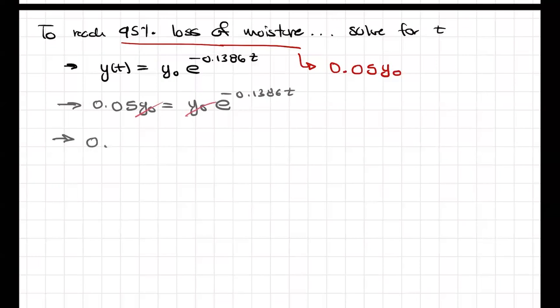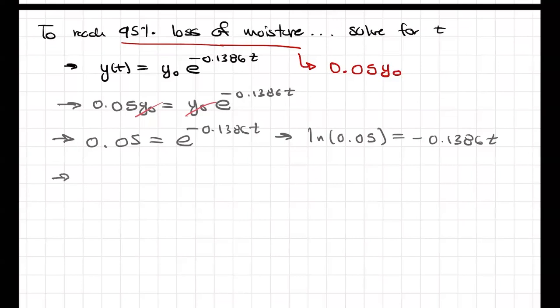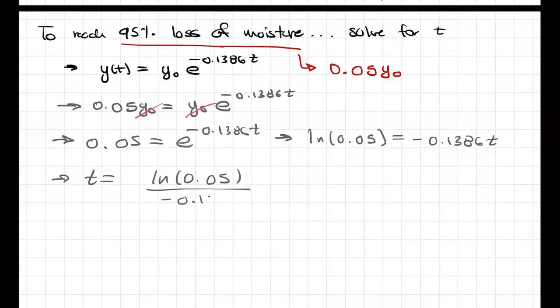Then we have 0.05 equals e to the negative all of that times t. We take the natural log of both sides, and this will be negative 0.1386 times t. Solving for t, we get that t is the natural log of 0.05 over negative 0.1386. When you do this, I hope that your predictions were correct. You can take a minute and solve this, and pause the video before I give you the answer.